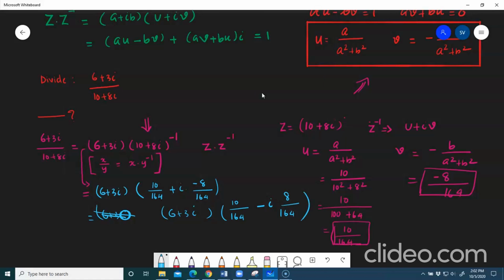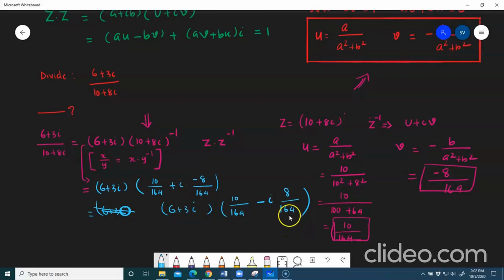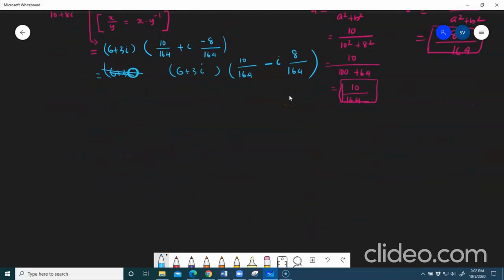Okay, so that is actually the answer, but we need a simplified form. So simplify it, and the answer will be (6 + 3i) times, you just rewrite this as (10 minus 8i) over 164, because both of them have the same denominator.